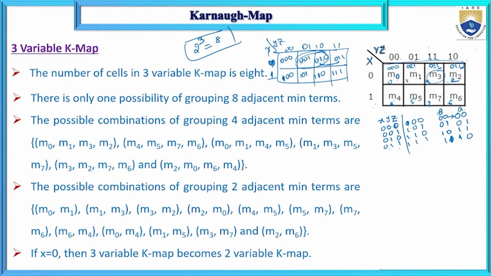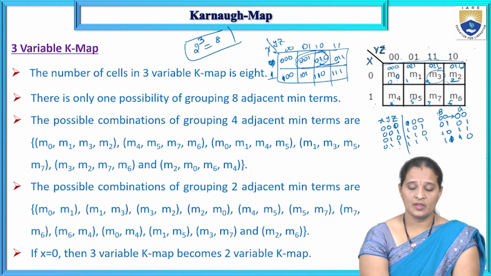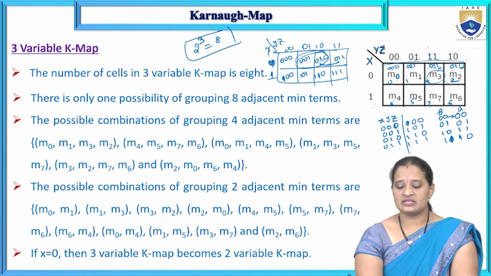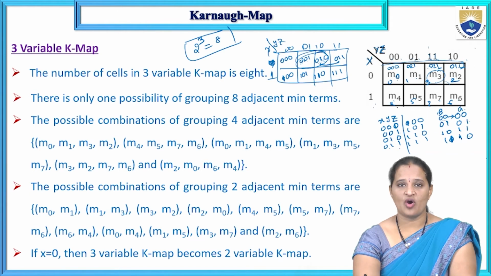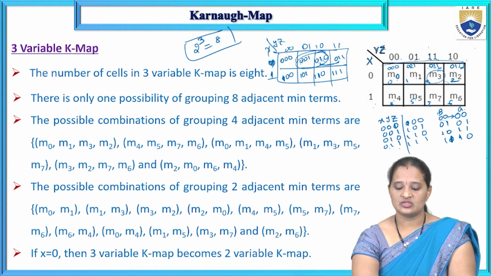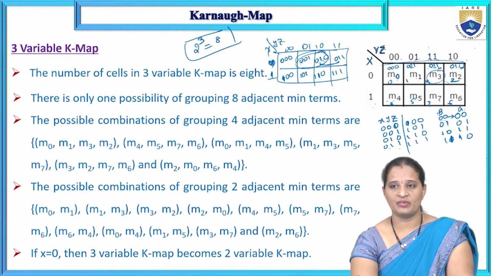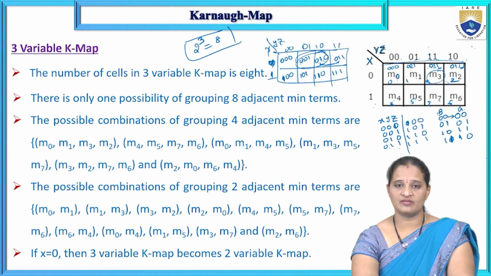We can also draw the 3-variable K-map in another way. I'll show you how to draw it. Now, what is the maximum possible group that I can form in a 3-variable K-map? I can group all 8 cells if they are marked with either 0 or 1. If it is an SOP, and all the cells are marked with 1, then I can form a group of 8 cells, which is nothing but an octet.